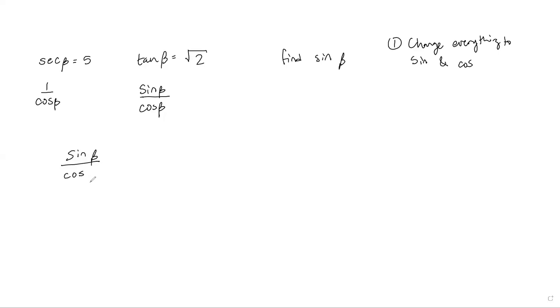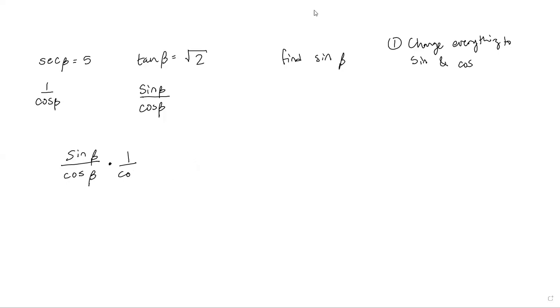Usually multiply or divide. That's how you cancel things out. So we're going to multiply first. Uh-oh, nothing cancels out. We end up with sine beta over cosine squared beta. That's not what we want.